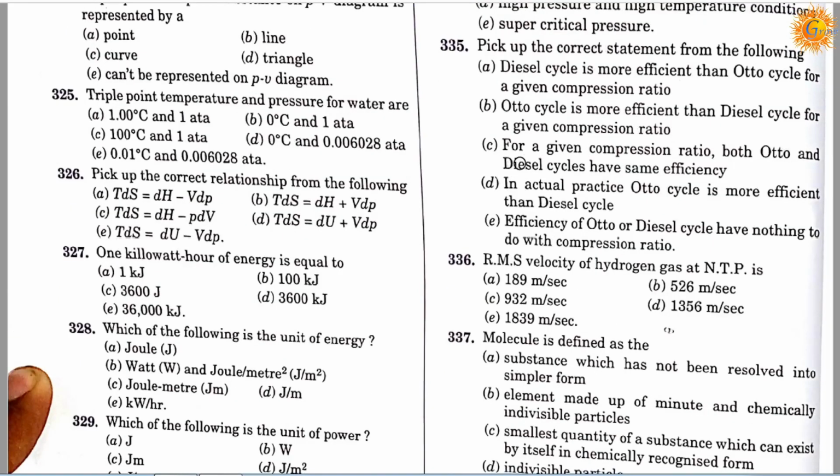Option C, for a given compression ratio, both Otto and diesel cycles have the same efficiency. Option D, in actual practice, Otto cycle is more efficient than diesel cycle. Option E, efficiency of Otto or diesel cycle have nothing to do with compression ratio. So the correct answer is B.